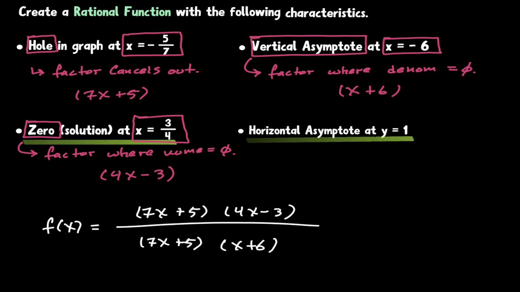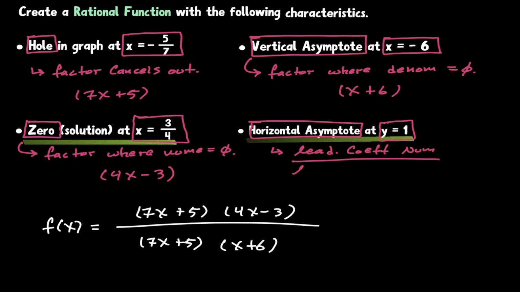We want to make sure that we also have a horizontal asymptote at y equals 1. Well, horizontal asymptotes occur at a specific location when the leading coefficient of the numerator divided by the leading coefficient of the denominator is equal to the location that we want, which in this case is 1.